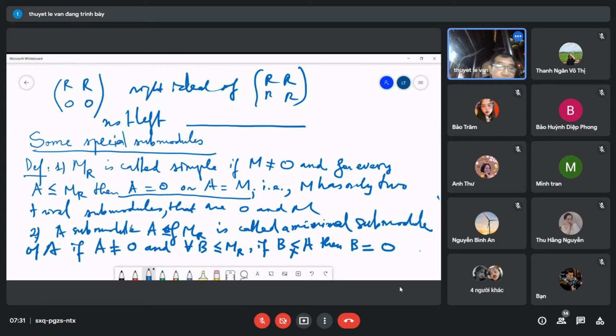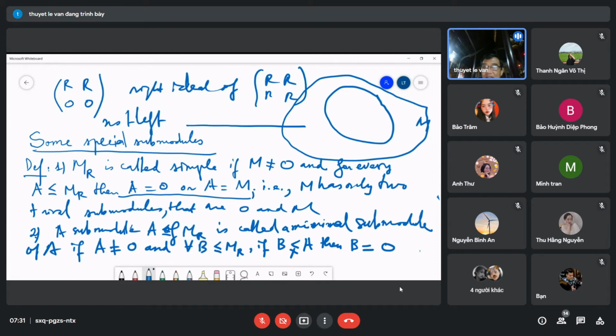Now you can compare the two definitions. Here is also A, a submodule of M. Okay, I will draw M here, and then A is a submodule of M. I will call A a minimal submodule if A is not equal to 0, 0 is here, and then for every B that is a submodule of A but not equal to A, for example B here, then B should be equal to 0.